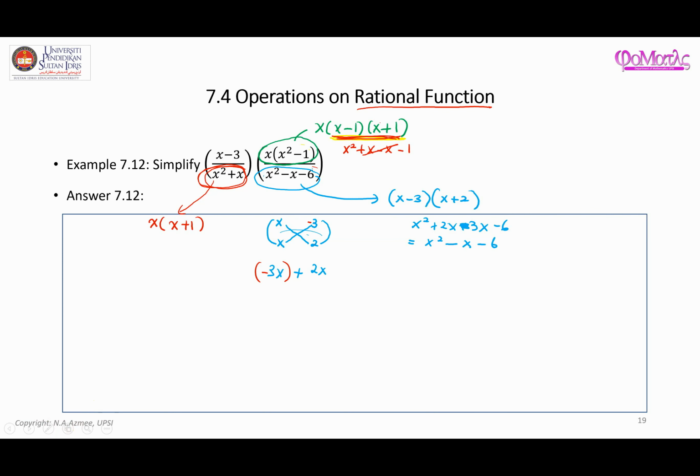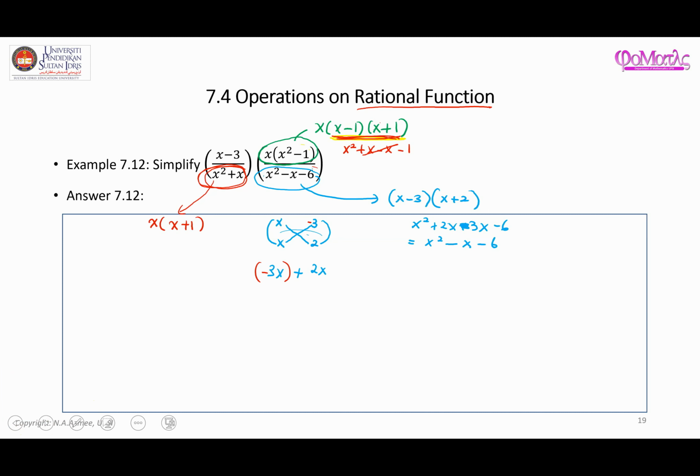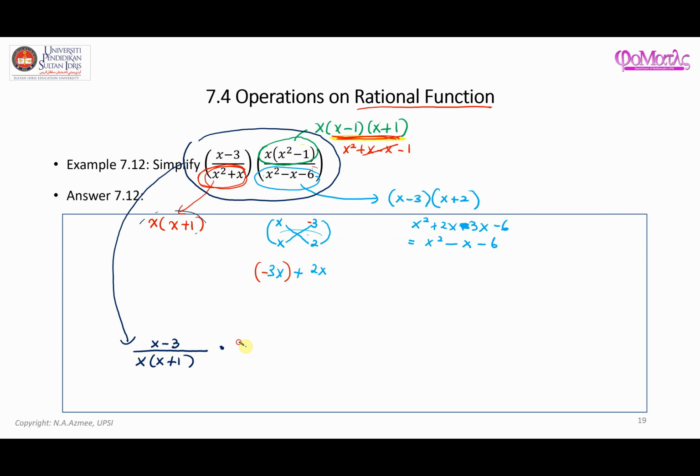So now this whole expression can be simplified as x minus 3 and x plus 1. Next we have x minus 1 and x plus 1, and at the bottom here I have x minus 3 and x plus 2.